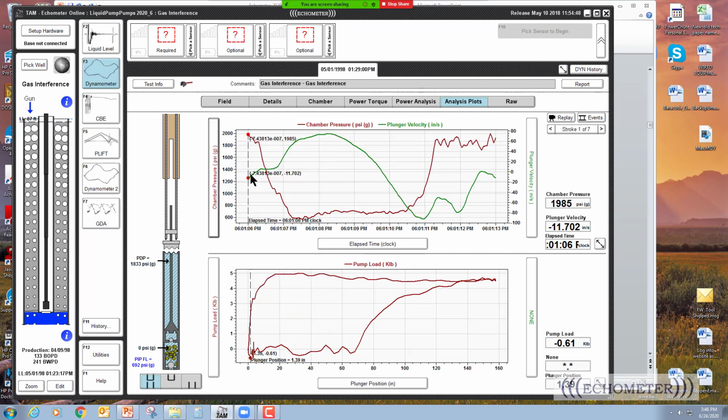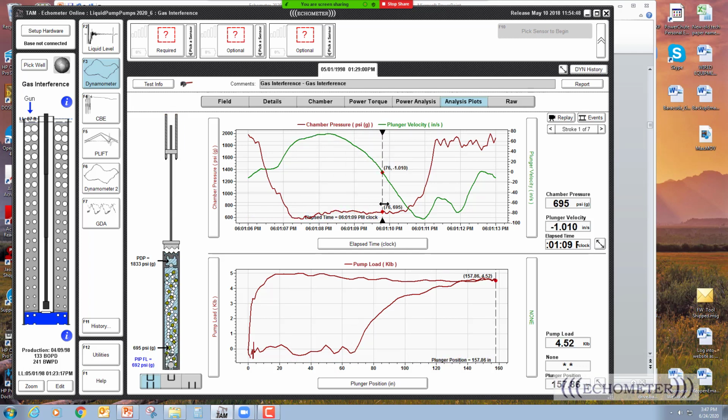So there's a plot of chamber pressure, and notice that right there is where the standing valve opens, and well fluids start to enter the pump chamber. From here to here, the chamber pressure is at intake pressure. So the fluid's at intake pressure. It's filling the pump, and then we're starting to compress, but look, we're still at low pressure.